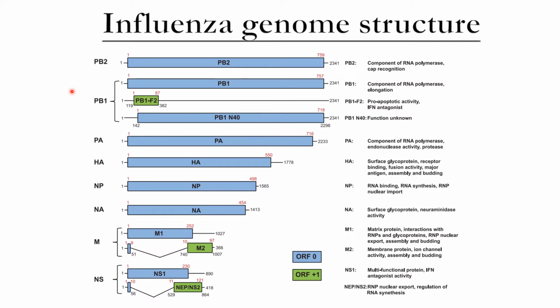The 6th RNA codes for the M protein, which is expressed from a spliced mRNA, and from the unspliced mRNA a long precursor is translated, which is then processed by signal peptide cleavage into CM2.